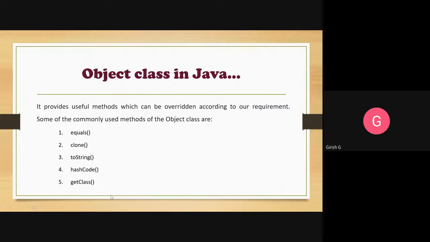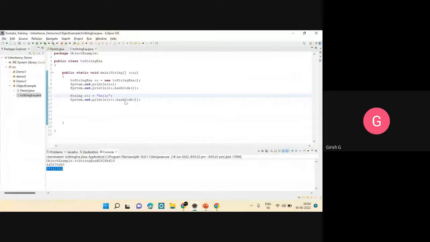Now, next there is getClass. The Java getClass method returns the class name of the object. So how can we do it here?